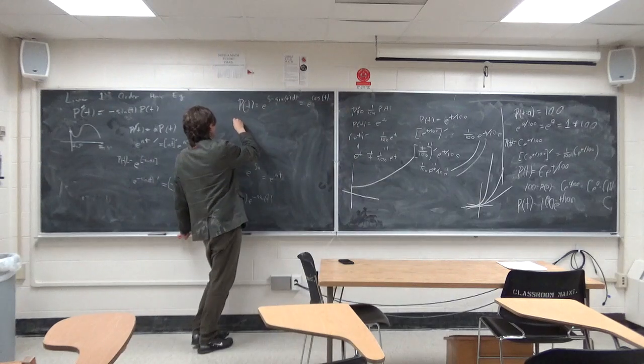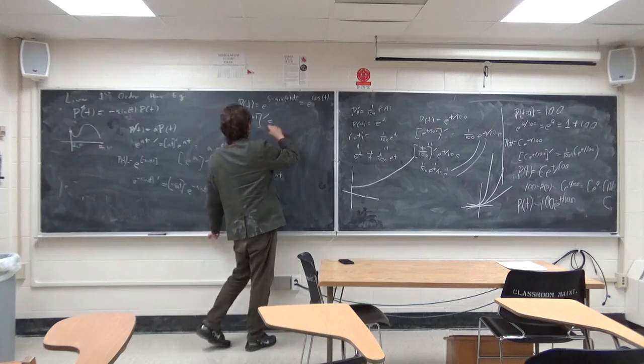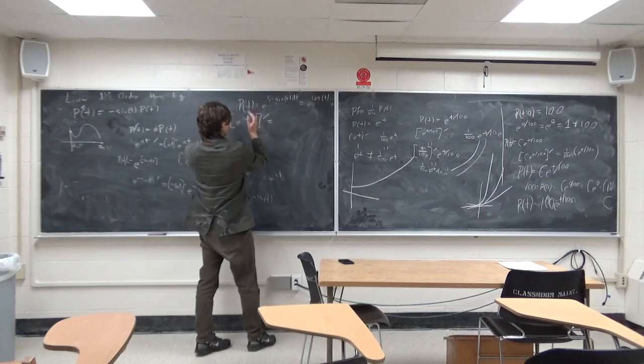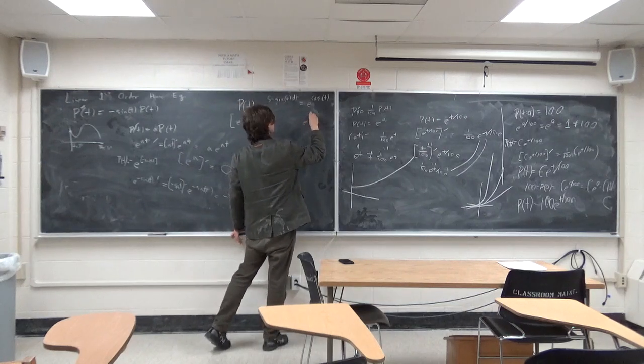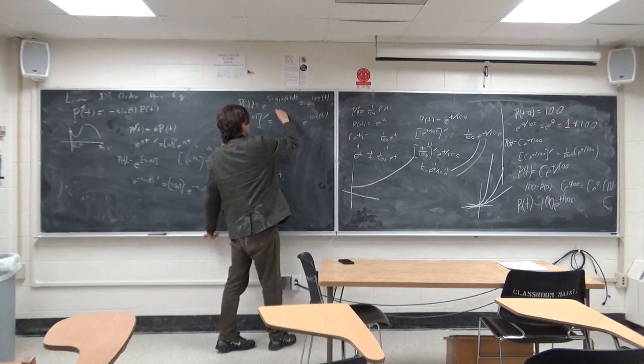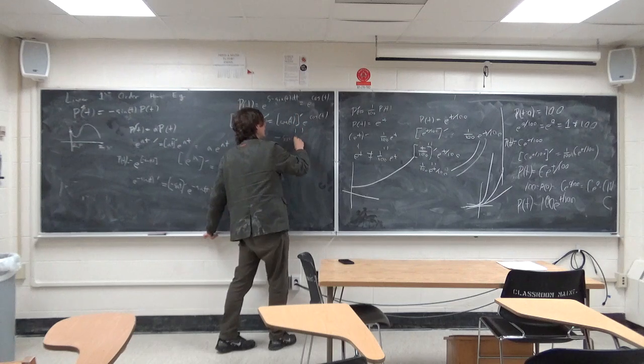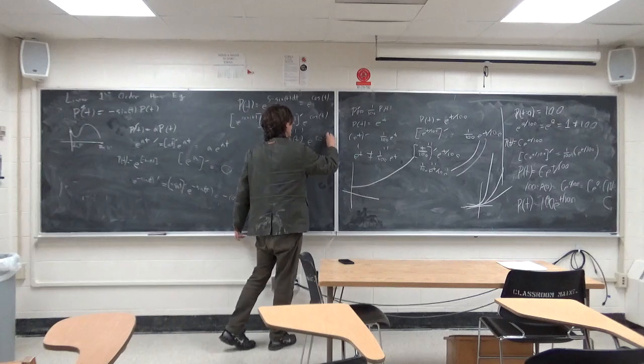Well, if we take the derivative of e to the cosine of t, there's going to be the chain rule: this part is like that, e to the cosine of t, and then I take the derivative of the inside part, cosine of t, and congratulations! We get exactly what we want.